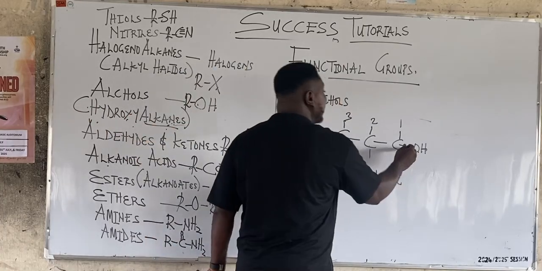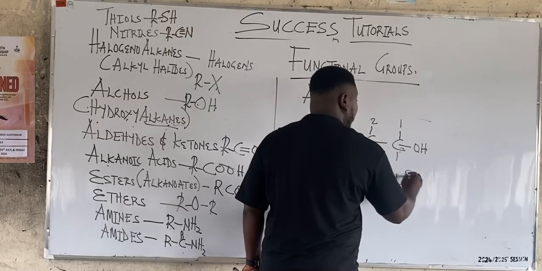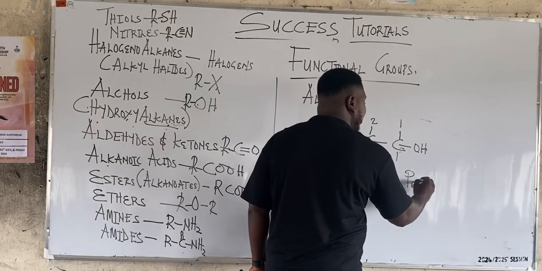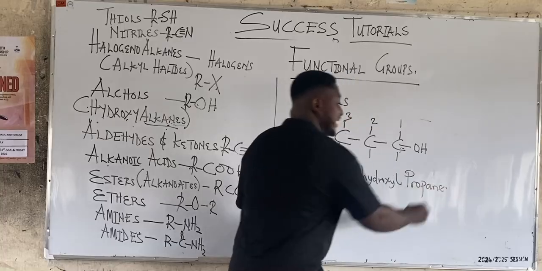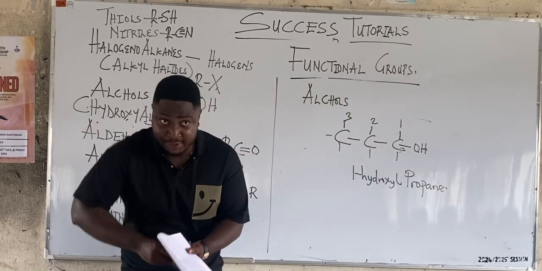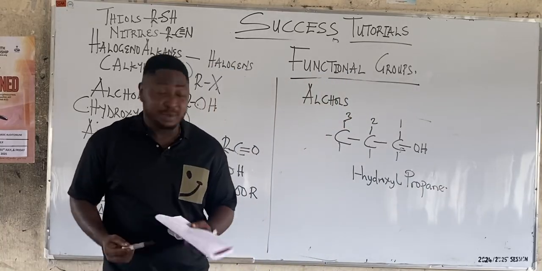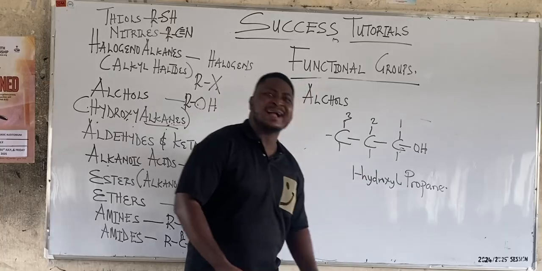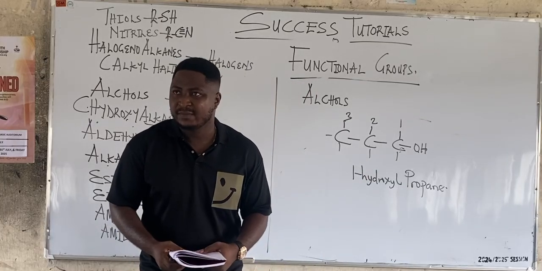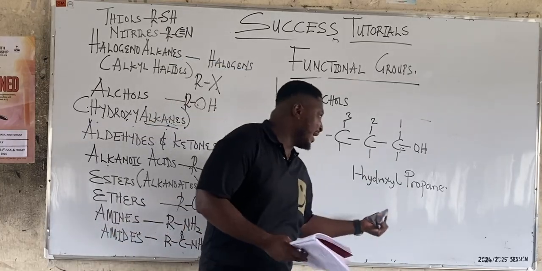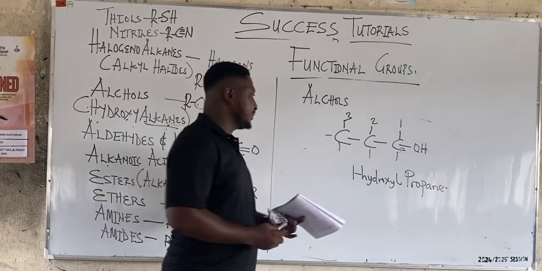So this 1-hydroxy, with alkane is propane, right? Because 3 carbons is pro. Class, are we following? So this guy can be propanol and can still be 1-hydroxypropane.